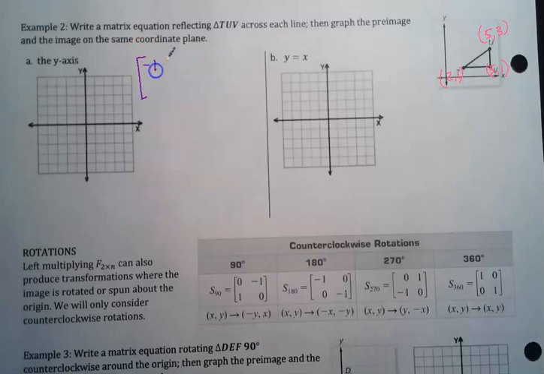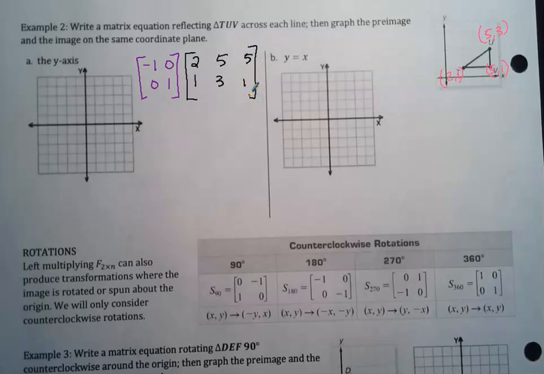So we're going to have negative 1, 0, 0, 1, and we're going to multiply it by the matrix of these numbers. So let's do TUV in that order: 2, 1, 5, 3, and 5, 1.